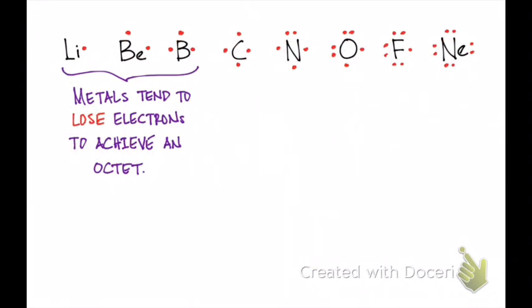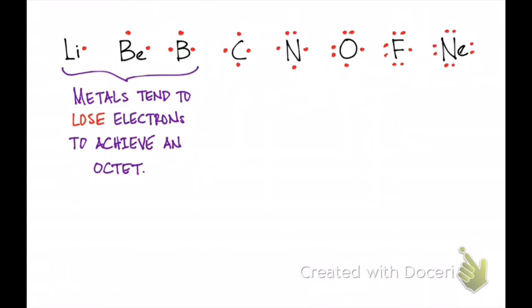Looking at the first 3 elements here, the metals tend to lose electrons. You learned in previous chapters that metals tend to lose electrons in order to achieve an octet. But instead of using the phrase achieve an octet, we're going to use isoelectronic with a noble gas. That would be the more proper phrase here.